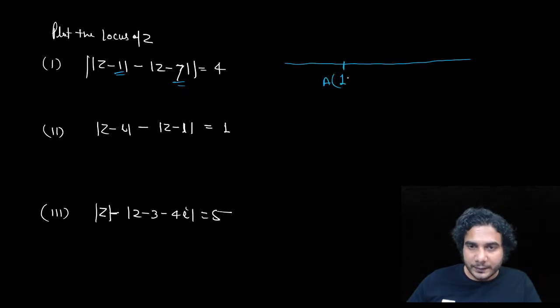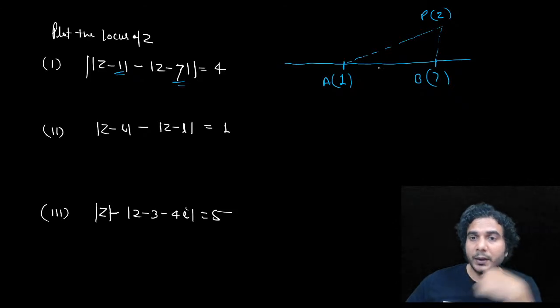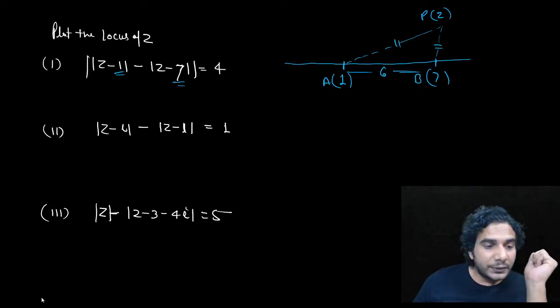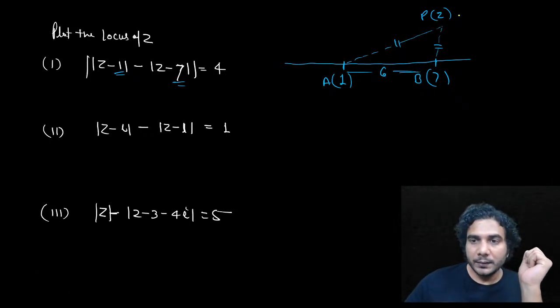So this is 1, let's name this point A, and 7, let's name this point B. Z is a point, and the difference of distances of Z from these two points, say this is Z, mod of Z minus 1 minus mod of Z minus 7, whole mod, is equal to 4. And what is the distance between these two points? 6. So the difference of these two sides is less than the third side, so a triangle will be formed, and if a triangle is formed, then the locus will be a hyperbola, okay? Because the difference of distances is constant only on a hyperbola.